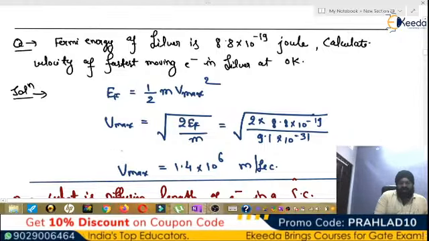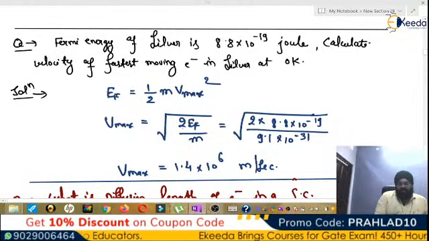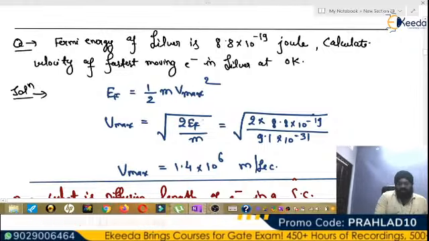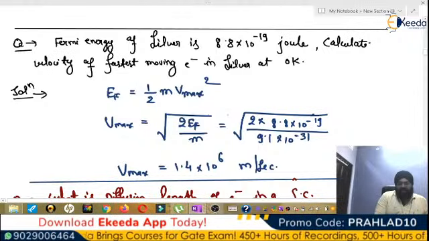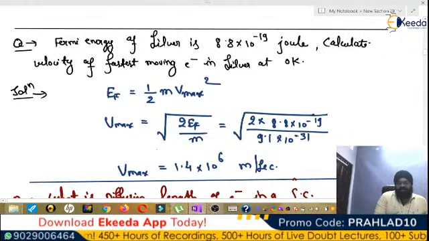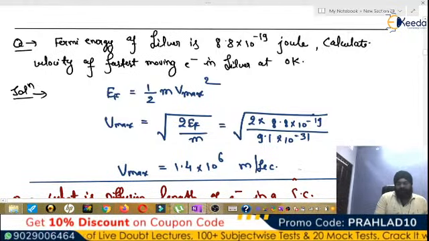So V max is under root of 2 EF by m. EF is the Fermi energy, so it is under root of 2 into 8.8 into 10 raised to power minus 19 upon m, which is 9.1 into 10 raised to power minus 31 kg. So V max is 1.4 into 10 raised to power 6 meter per second.